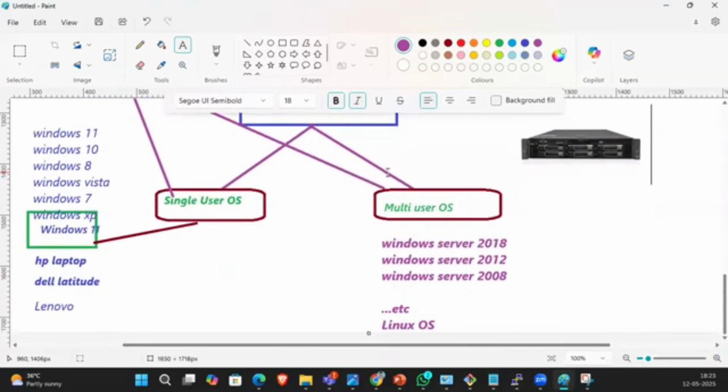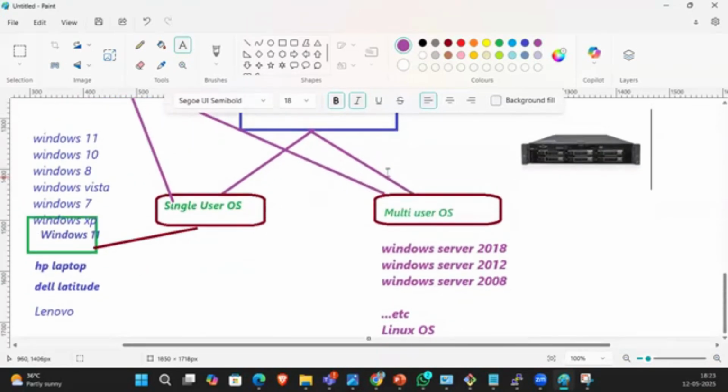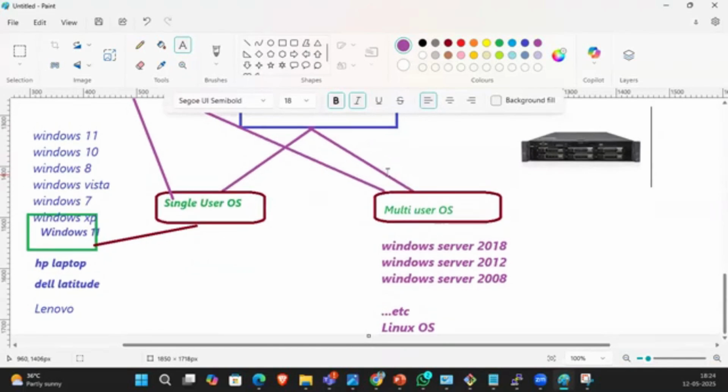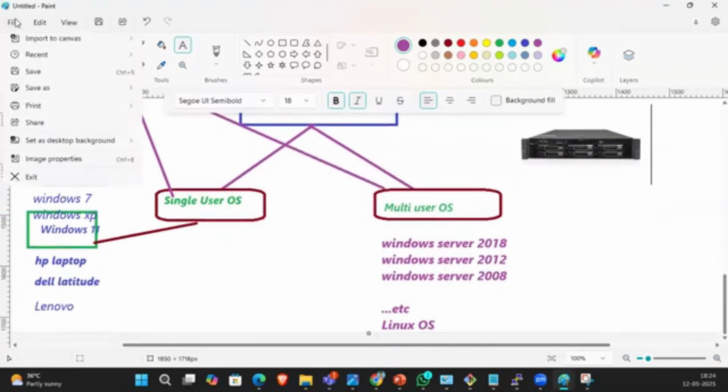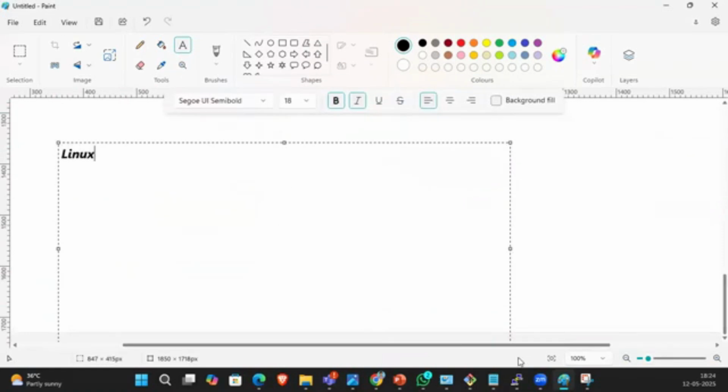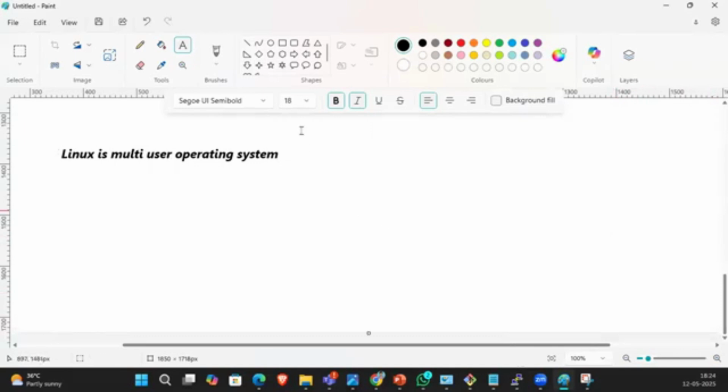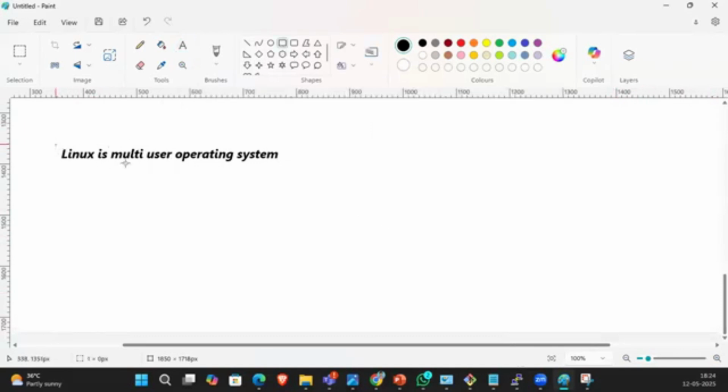Okay, Linux is a multi-user operating system.